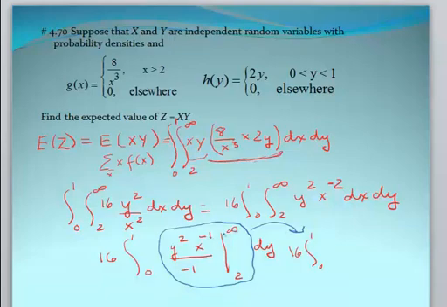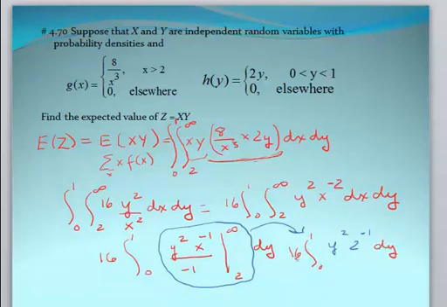Well, that just goes away. Here we have a minus 1. This is the subtraction part, so we're going to have minus 1, which is a plus. So we'll be left with y squared times 2 to the minus 1, and then dy.